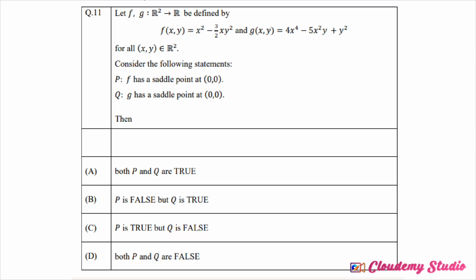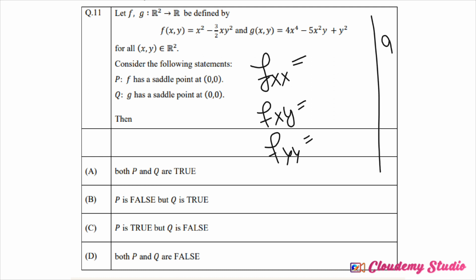Now we'll find the same thing here. We'll check fxx, then fxy and fyy. Similarly gxx, gxy and gyy.